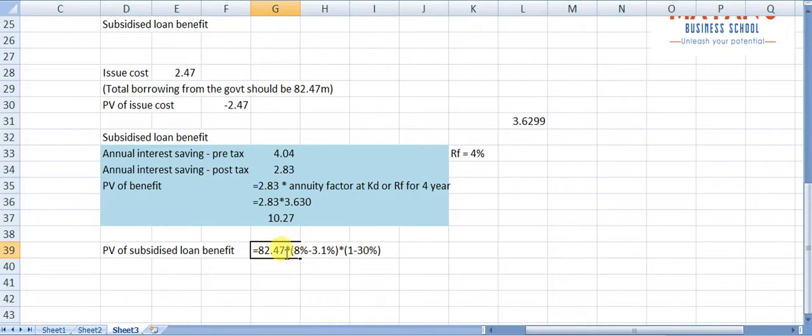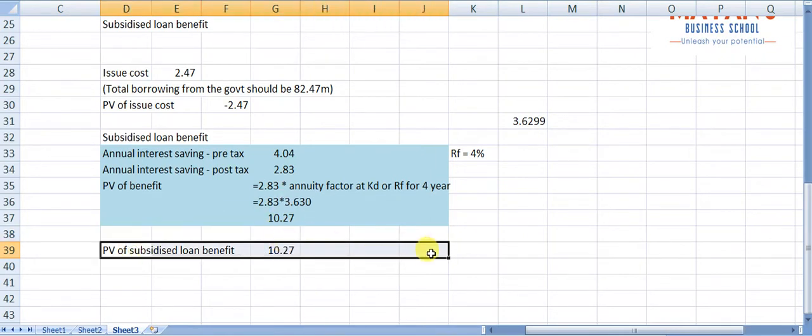So this is your annual saving multiplied by annuity factor, that is here. How is that? One step you're getting 10.27. Yes. So this is what I would prefer to be used in the exam. One step calculation. I like this. Don't waste your time doing it step by step like this. So that's subsidized loan benefit.